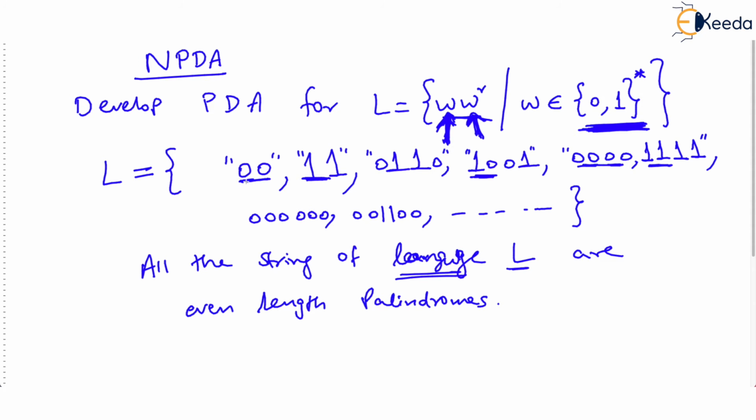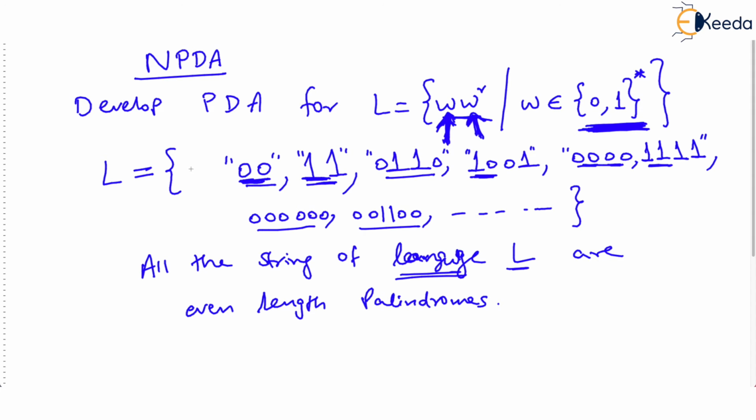Just see, all the strings are even length. Maybe we have a palindrome of length 2, or length 4, or length 6. Next will be palindrome of length 8, then 10, and so on. We will never get a palindrome of length 5.